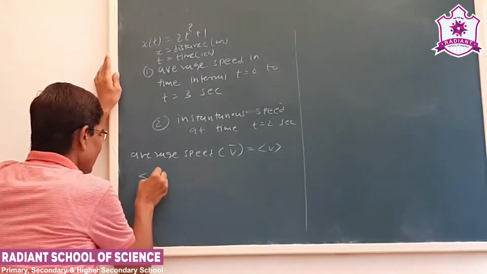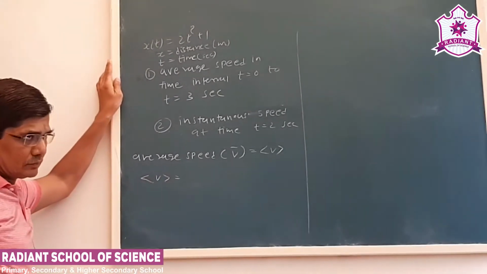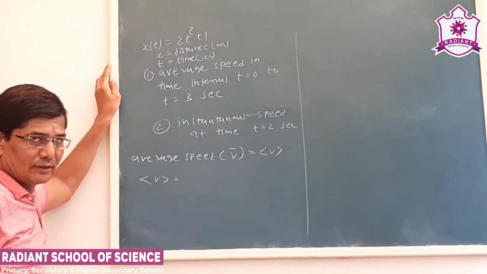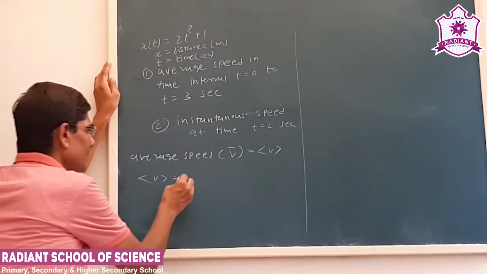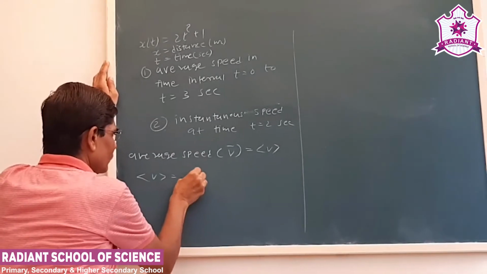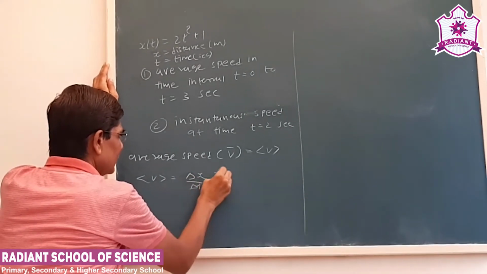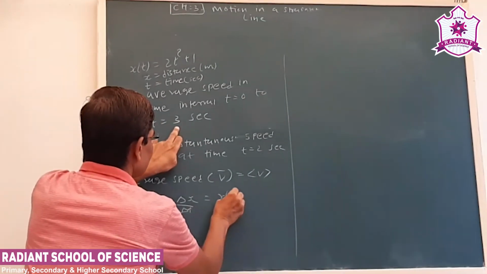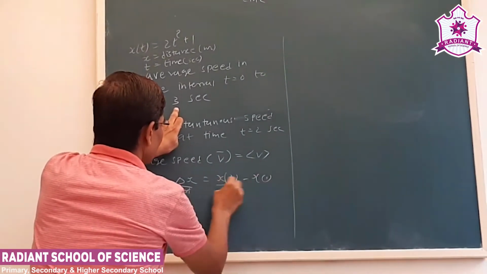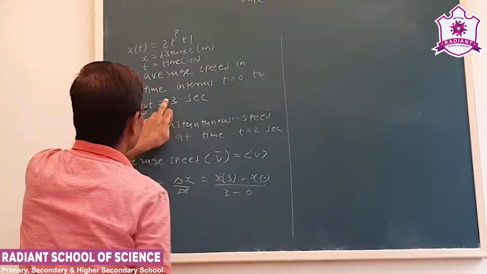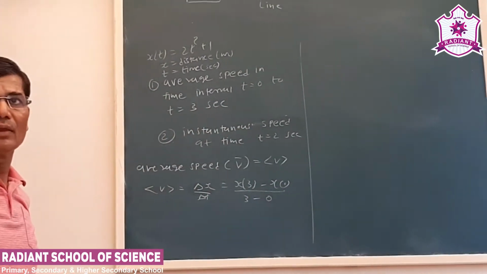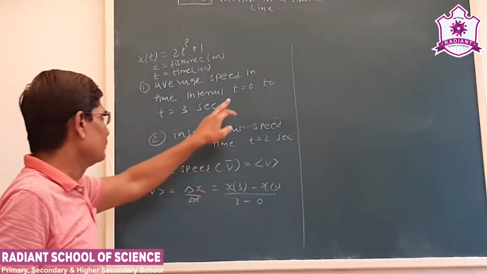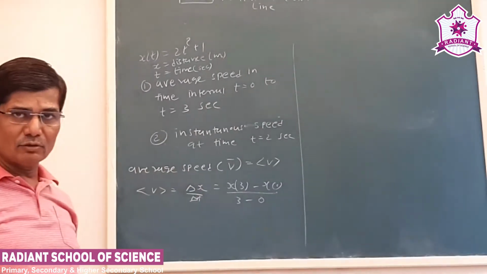Now see, average speed is total distance upon total time, but here that will be delta x upon delta t, that is x position at time 3 seconds minus x0, upon the time interval 3 minus 0. Okay, why? Because we have been asked to find the average speed in the time interval 0 to 3 seconds.